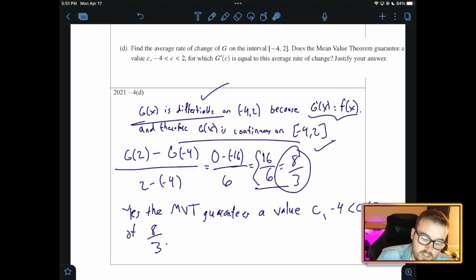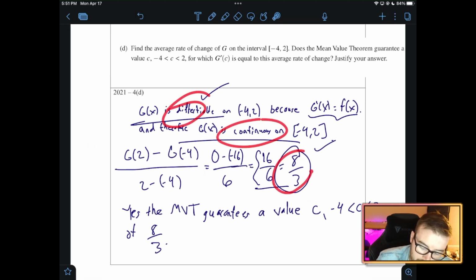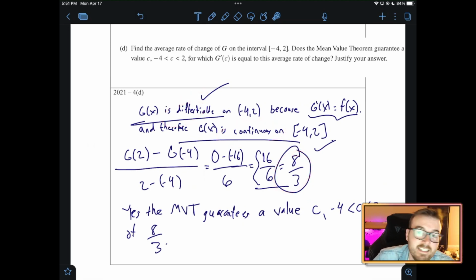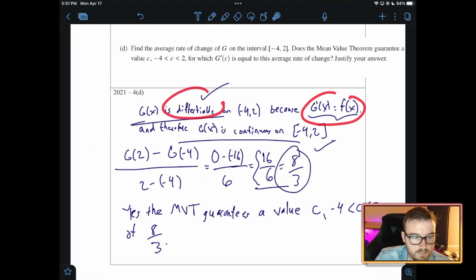So we said it's differentiable. We said it's continuous. We found the value. It exists. The fact that it exists means that we can guarantee that it's going to equal 8/3 along this interval. So their exact phrasing is, yes, g prime of x equals f of x. So g is differentiable on the interval negative 4 to 2 and continuous from negative 4 to 2.